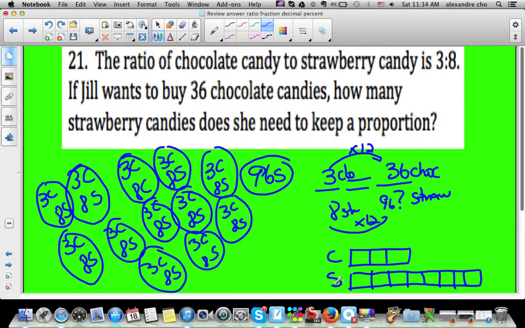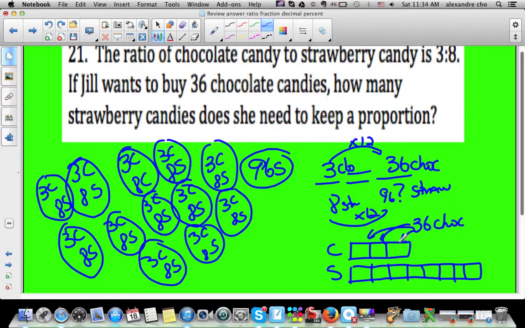That's how you would set up your tape diagram initially. Now we know that there are 36 chocolate in 3 spaces here. You would fit 12 in each, 12, 24, 36, which means every other box has 12 as well. And 12 times 8 up here would also be 96. Perfect.